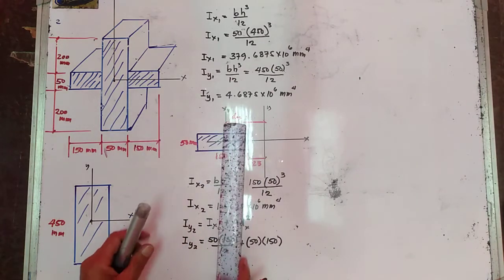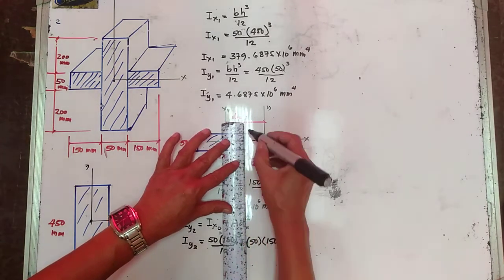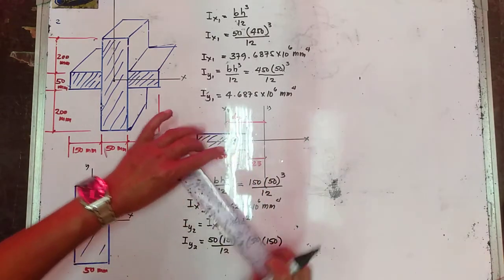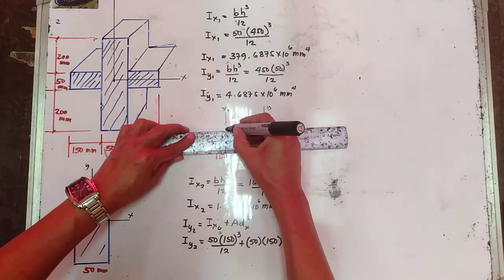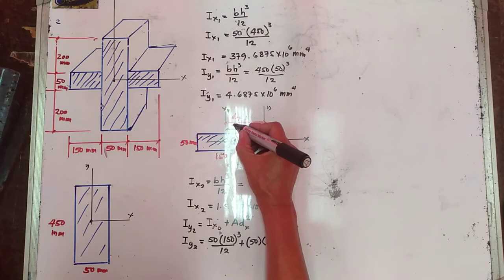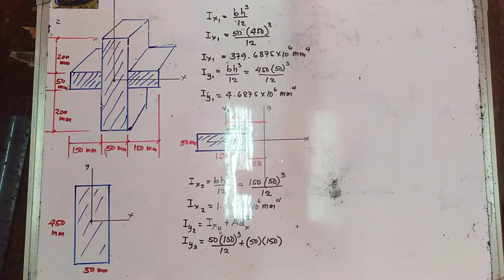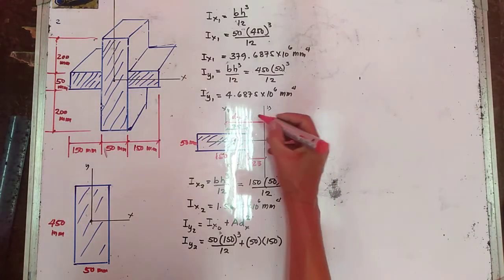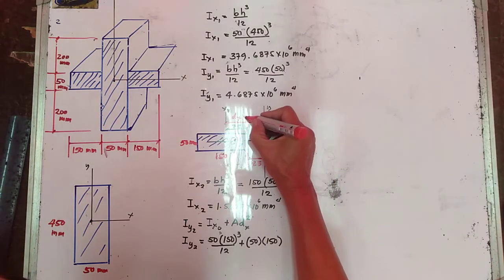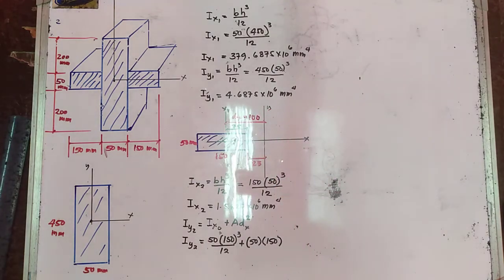Now, this distance from here up to this point is half of 150, which is 75 millimeter. Hence, the value of your dx is 75 plus 25, or equal to 100 millimeter.